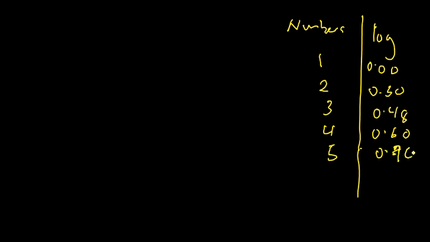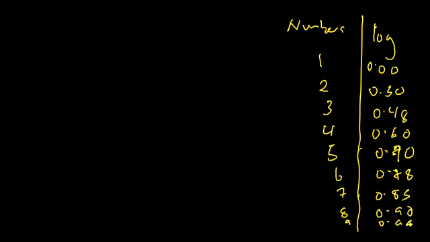For log 6 we have 0.78. For log 7 we have 0.85. For log 8 we have 0.90. For log 9 we have 0.95, and for log 10 we have 1.